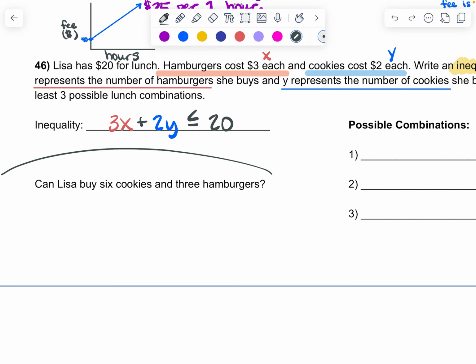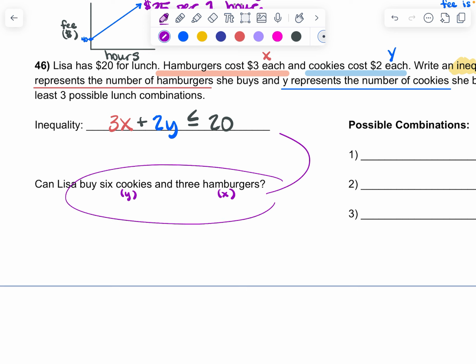Okay, before we get to that, let's answer this question really quick. Can Lisa buy 6 cookies and 3 hamburgers? Well, I don't know. Let's see. Remember, cookies is Y and hamburgers is the X. So be really careful. If she could buy 6 cookies and 3 hamburgers, it would have to be a solution to the inequality, meaning if I plugged those numbers in, it would have to be true.